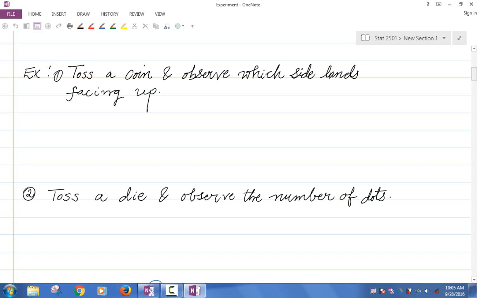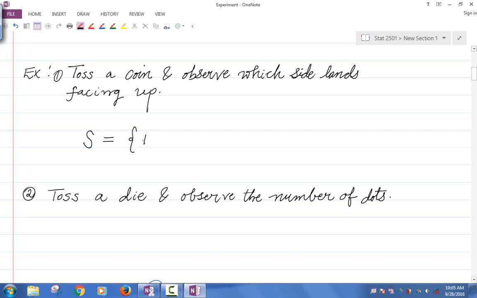And in this experiment, we see that until you actually flip a coin, you can't tell in advance whether you're going to get a head or a tail. However, you know all possible outcomes. So in this case, we're going to use S to denote the set of all possible outcomes of the experiment.